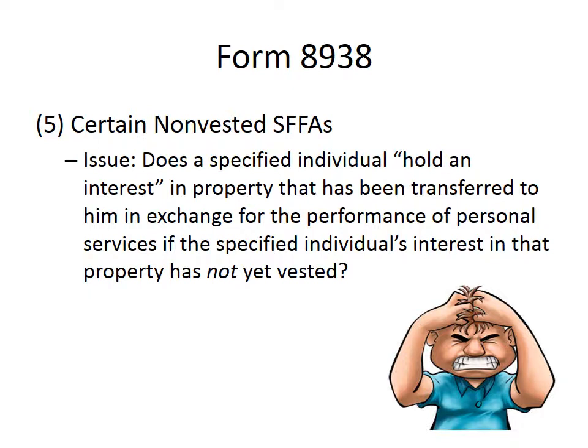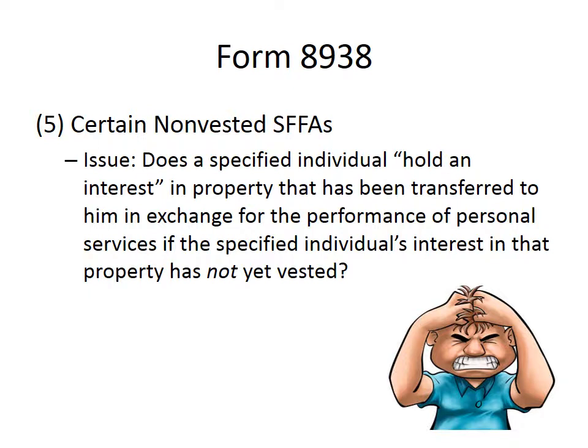Sounds like a complicated scenario. But let's break it down. We have a specified individual, and he has received property from somebody in exchange for having performed personal services for that person.